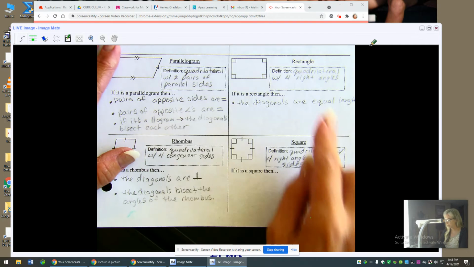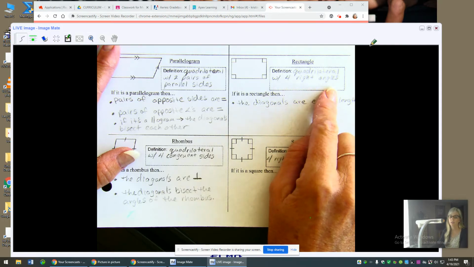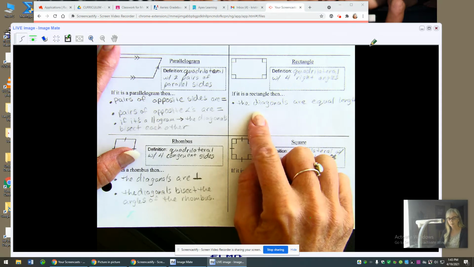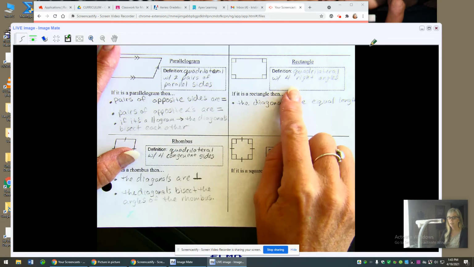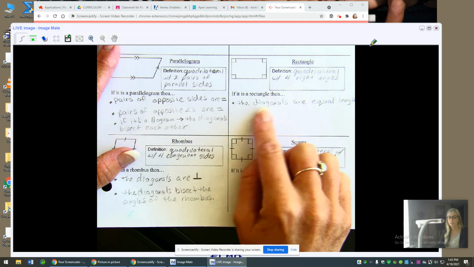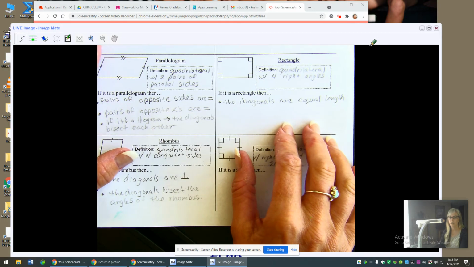We just started talking about rectangles. The definition is a quadrilateral with four right angles. But we also talked about the fact that a rectangle is a parallelogram, because even though that's not in its definition, all of its characteristics would suggest that it is the same as a parallelogram.